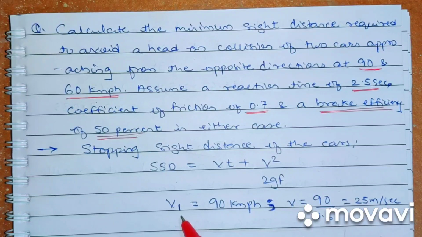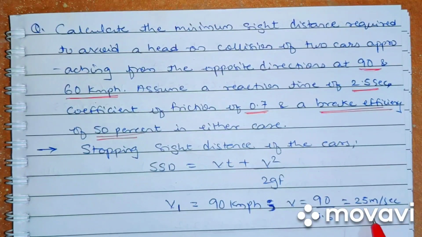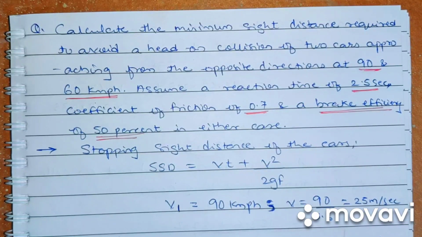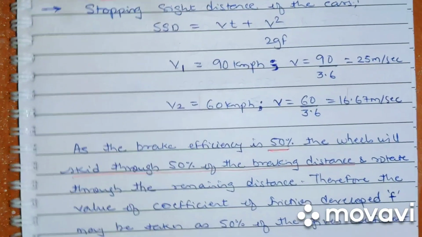Here velocity is given in kilometers per hour, so first we'll convert it into meters per second. 90 divided by 3.6 equals 25 meters per second, whereas the velocity for the second car, 60 kilometers per hour, will be 16.67 meters per second.